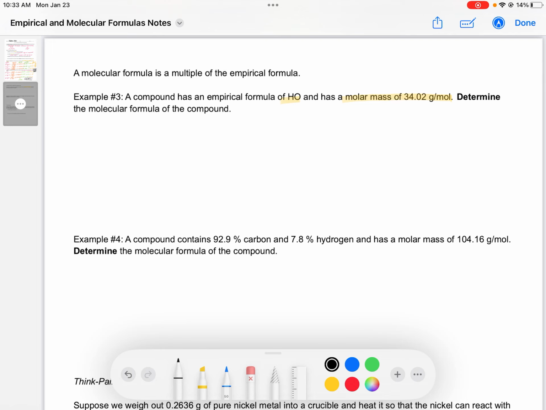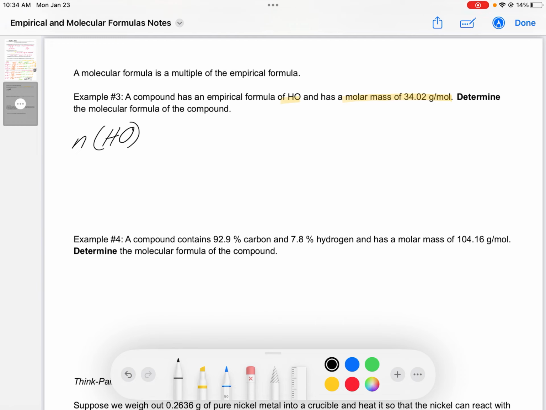What this information tells us is that our empirical formula is HO, and our molecular formula is some multiple of this. Some multiple of HO is going to be our true molecular formula, but the ratio of atoms to each other is 1 to 1.